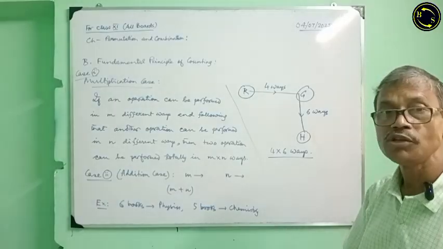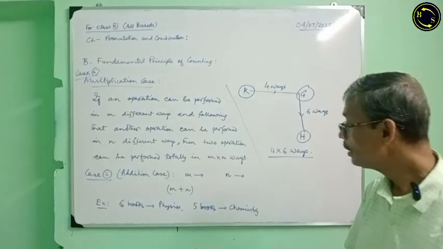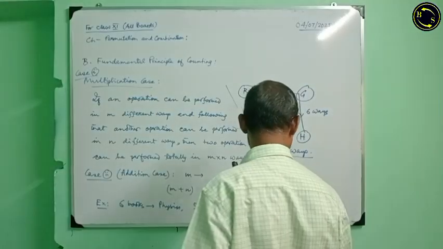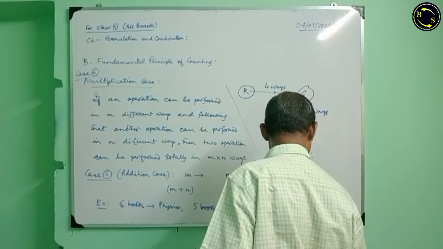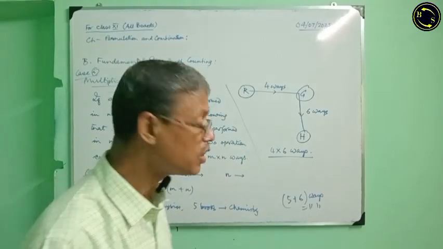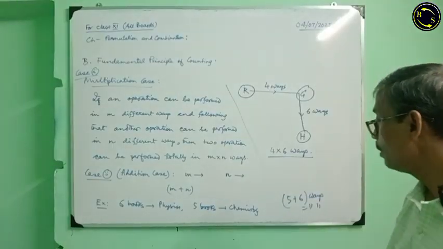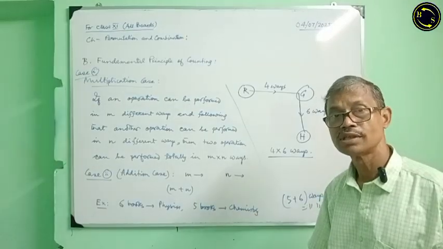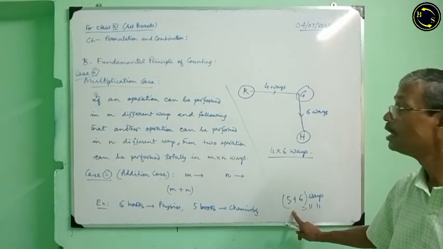Since these are exclusive, the total number of ways of buying either a physics or a chemistry book will be 5 plus 6, 11 ways. Follow this, students. Exclusive cases. That means buying a chemistry book is not dependent on physics. That is why in this case addition is to be applied.